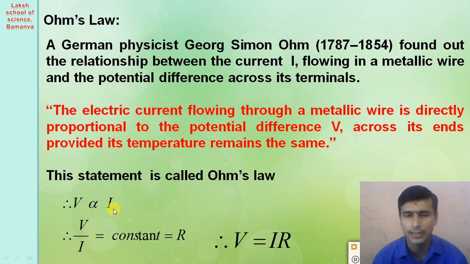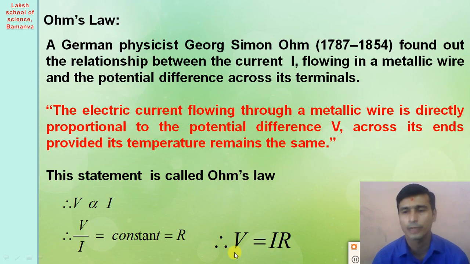Or we can say that the ratio of potential difference to the electric current is constant. The ratio of potential difference V divided by I. So in each and every case, V divided by I is equal to a constant, and this constant is called R, that is the resistance of the conductor. So from this equation we can get the mathematical form of Ohm's law, that is V is equal to IR.